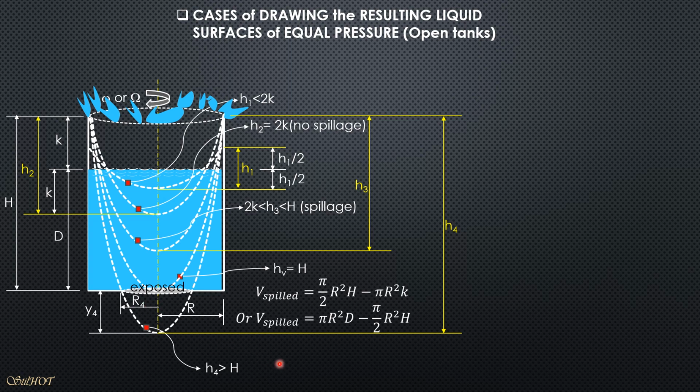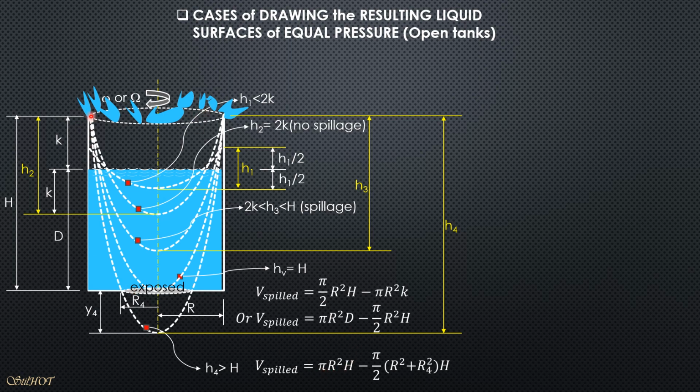So we have Y4, and the radius of the exposed circle is R sub 4. Then we have air here, which is represented by a parabolic segment with two bases. So the volume spilled would be the volume of the tank minus the volume of air, represented by this paraboloid with two bases.